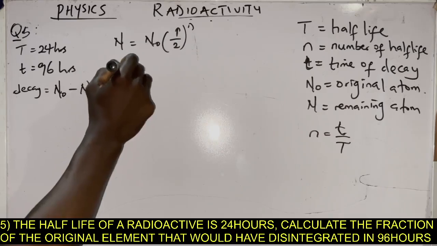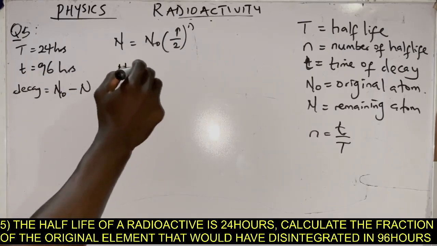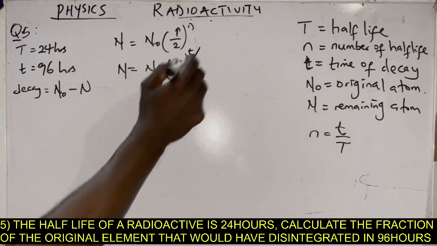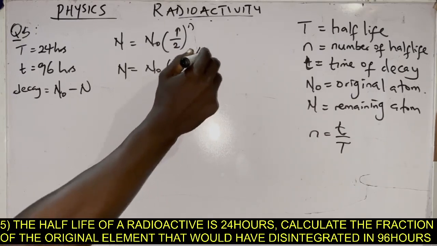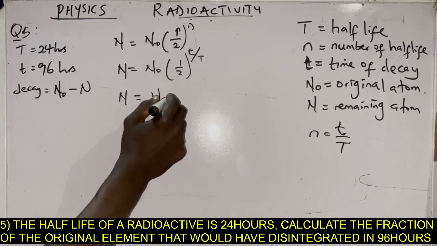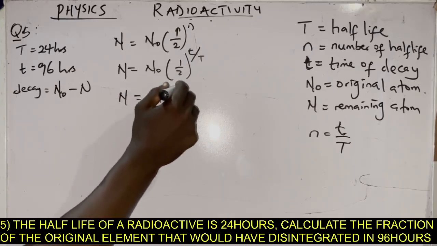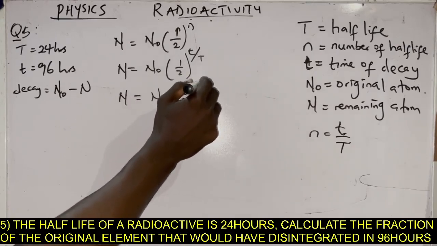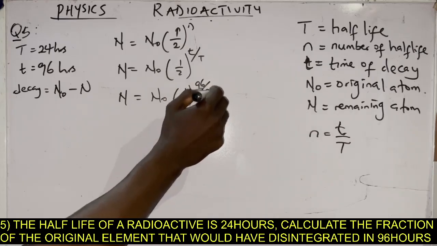And since we are not given the number of half-lives here, it is 1 over 2 raised to power time of decay over half-life. So remaining is 1 over 2 raised to power the time of decay 96 over half-life 24.